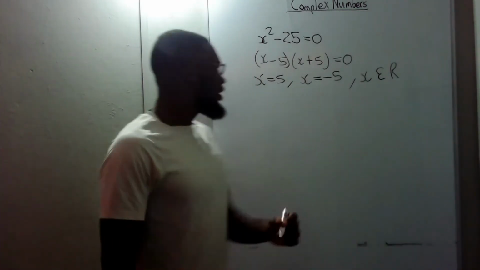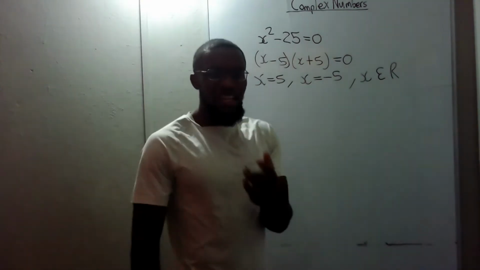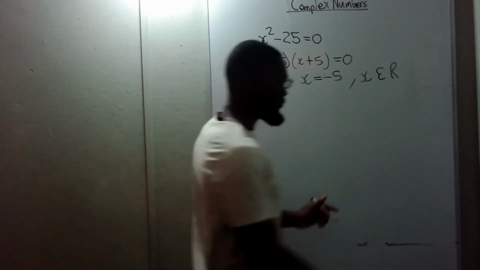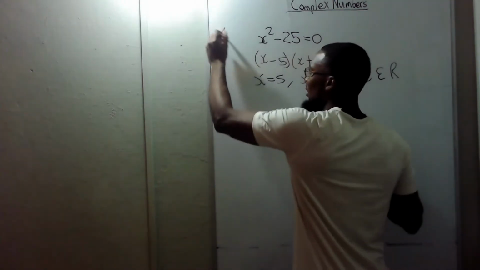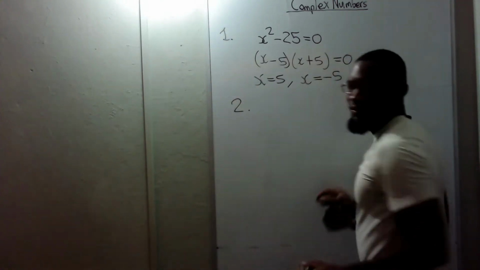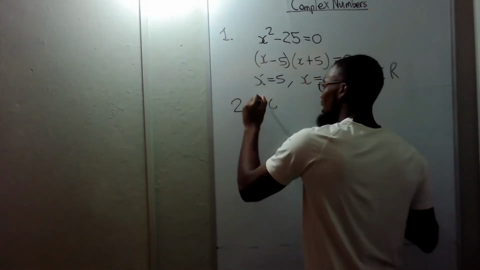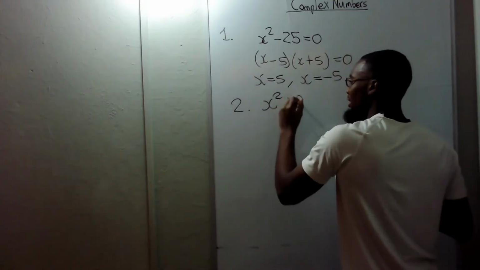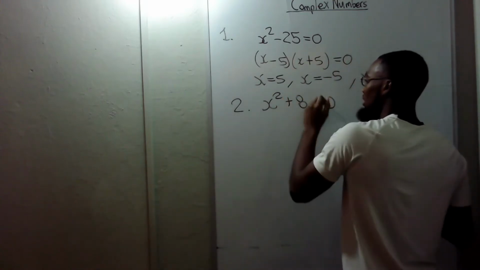Those are real solutions. Now the real deal we want to ask is, look at this now. What if I gave you to solve x squared plus 8 is equal to 0?